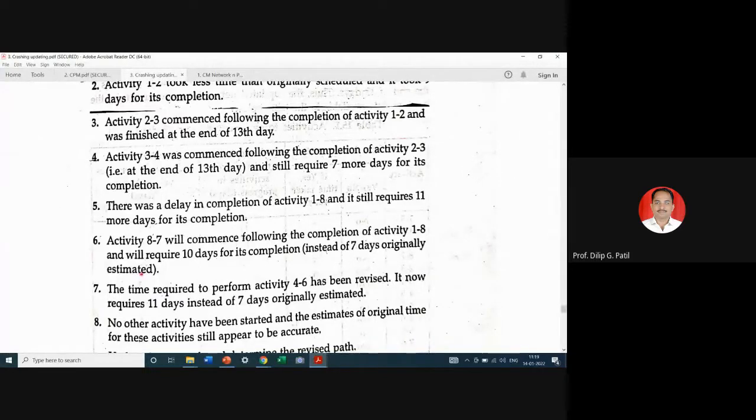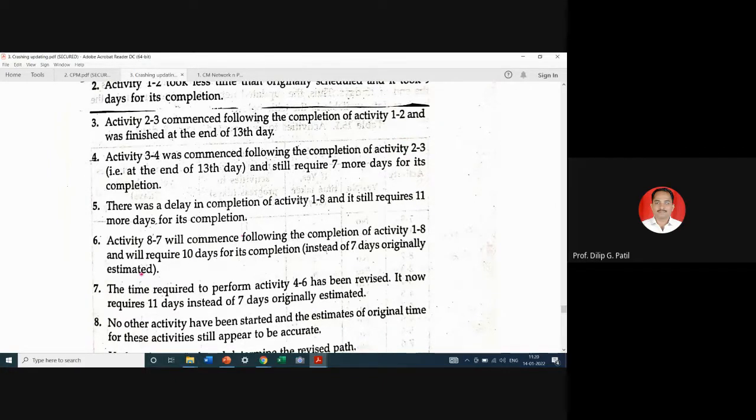So we are bothered about how much time will be required from today. At the end of 13th day, we are considering today as 13th day of our project. So at the end of 13th day, we are in need of 11 more days for completion.